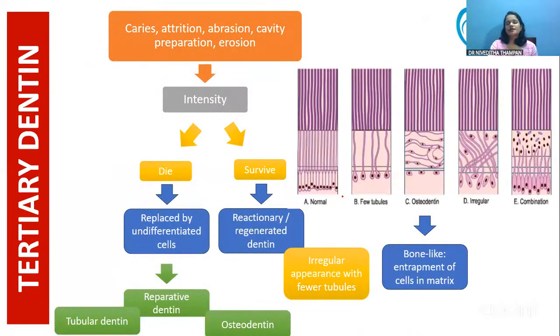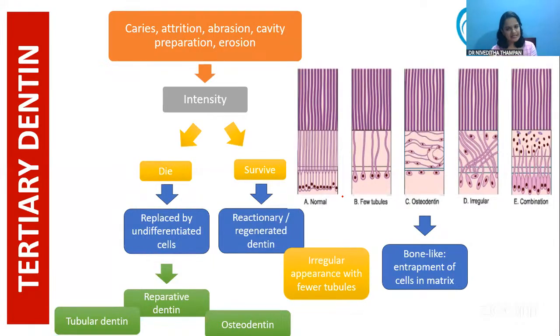Now, what is tertiary dentin? Whether because of caries, attrition, abrasion, cavity preparation, or erosion, the dentin is undergoing lots of stresses and insults. Based upon the intensity of the insult, some insults are very intense, but some are less intense.